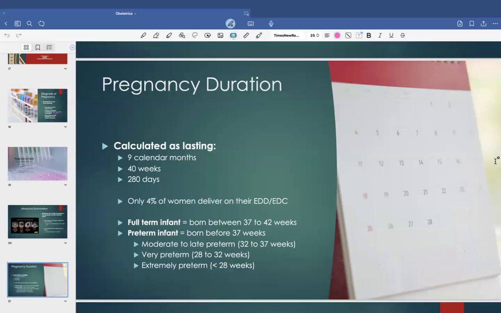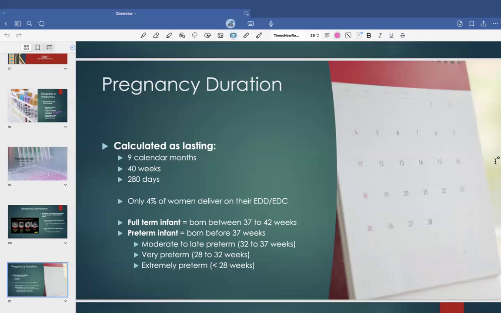All right. What I need you to know: full-term infants are born between 37 to 42 weeks. When are full-term infants born? 37 to 42 weeks.